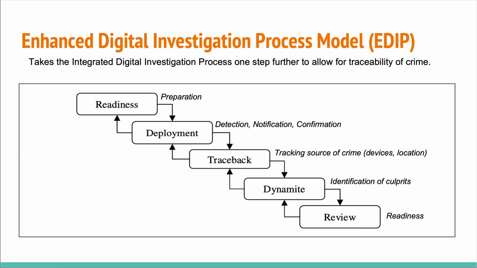In this traceback phase, you can track down the crime scene. That includes any devices, any locations where the crime scene happened, or are attributed to certain pieces of the crime scene. And then that dynamite phase also identifies any potential culprits of the crime, motive, and so on.